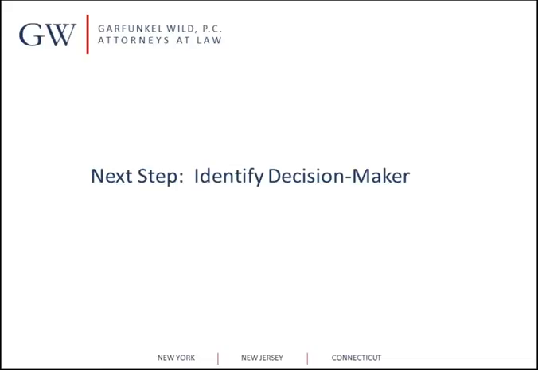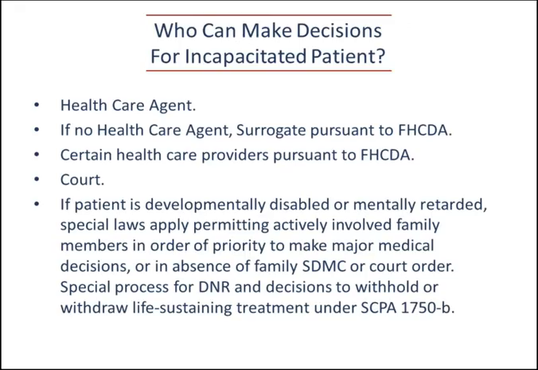So the next step in decision making for persons who do not have capacity is to identify the decision maker. On slide 22, we list all of the types of individuals who can make decisions for an incapacitated patient. The first is a healthcare agent, if the patient has signed a healthcare proxy.